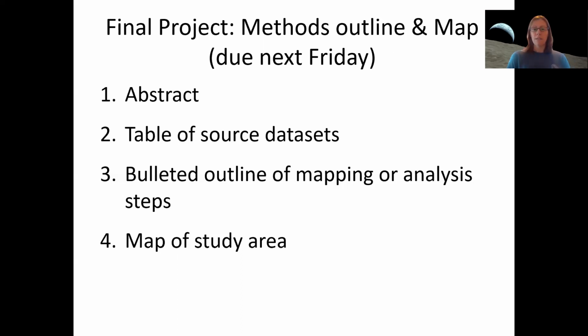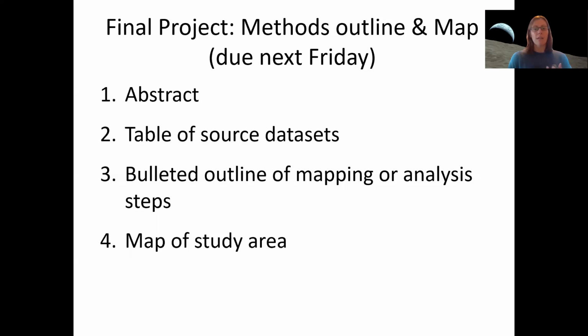Number 3 is a little bit of methods. So what types of tools do you expect to be using? If you expect to be using some sort of raster analysis, then you might want to say, I'm likely to be using raster calculator or reclassifying things or creating a Euclidean distance.